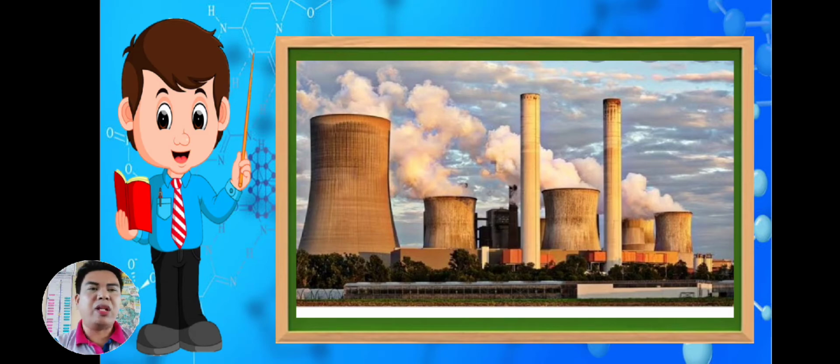Why is it that the nuclear power plant is dangerous to human health? Because this kind of source of electrical power can emit radiation, which is hazardous and dangerous to human health and leads to death and different illnesses. Among this group of power plants, we have different sources of electricity.